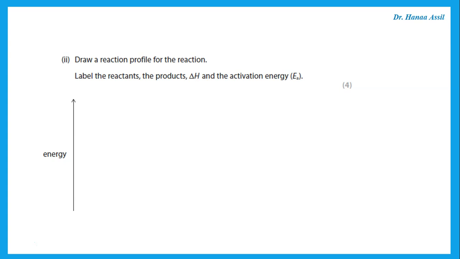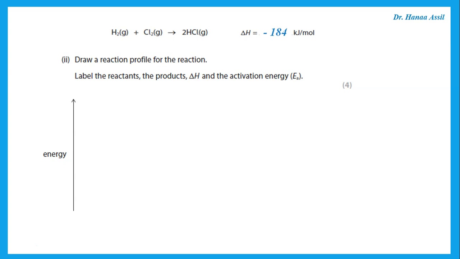Draw a reaction profile. I want to remind you there is something called a reaction profile and there is something called an energy level diagram. The reaction profile should show activation energy. So activation energy for that reaction and delta H should be in the reaction profile. So if we look at the delta H, we said that the delta H is negative.